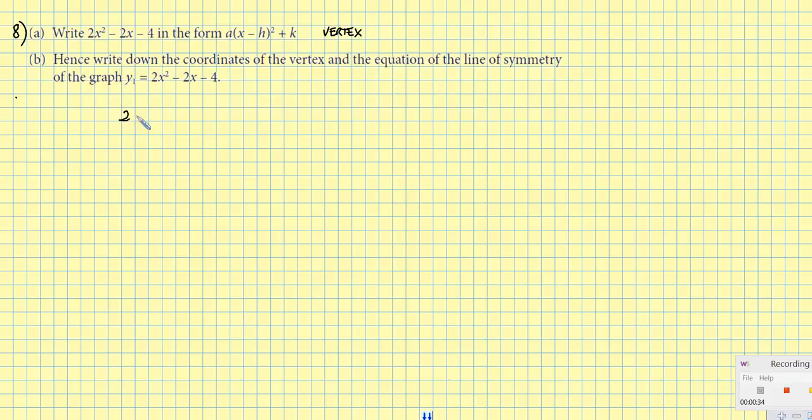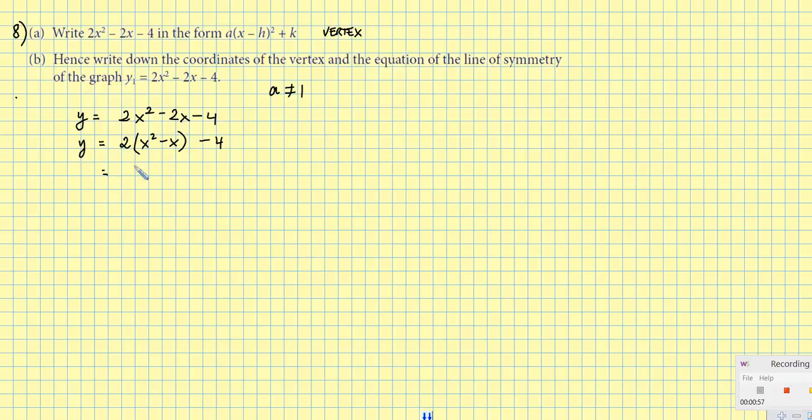We've got 2x squared minus 2x minus 4. Since our value of a does not equal 1 in this case, we're going to take out the 2 from the x squared and x, so that we're left with x squared minus x and then minus 4. Okay, and we've got y equals, basically.